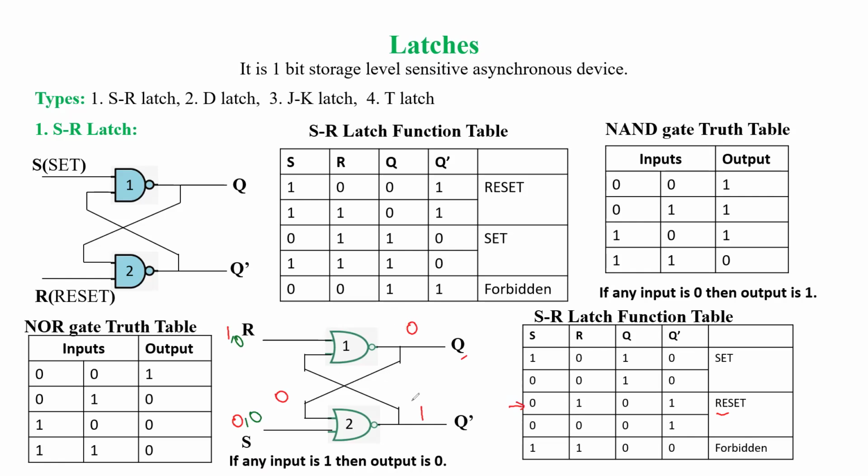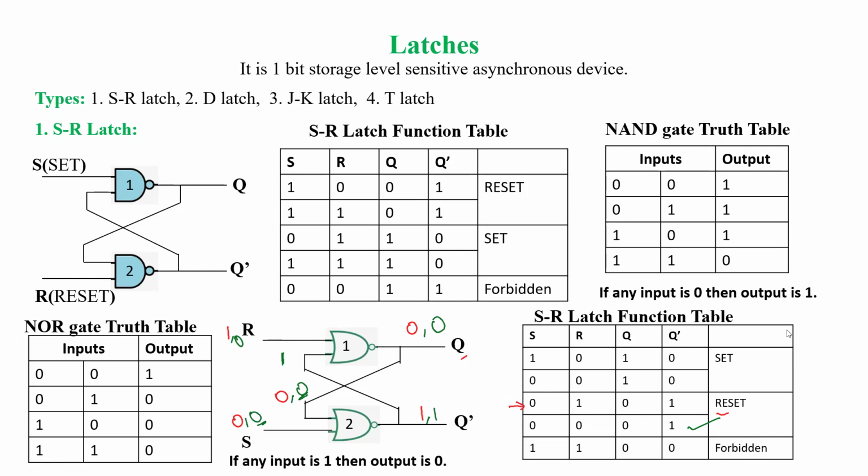In this case, the input is 1, that is Q dash. So NOR gate 1 has inputs 0, 1. What will be the output? 0. And the same 0 is given here, so both inputs are 0. So the output of NOR gate 2 is 1. So the device was reset, and it remains in the reset condition.